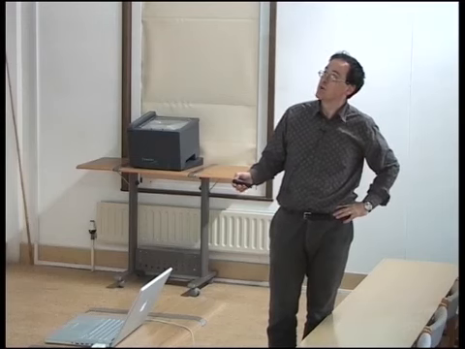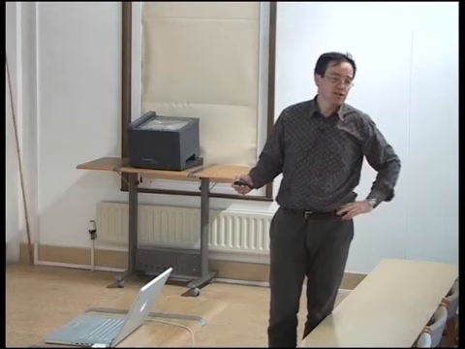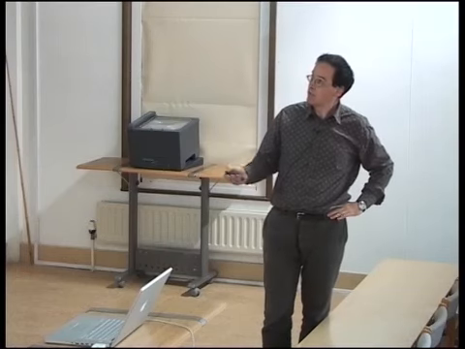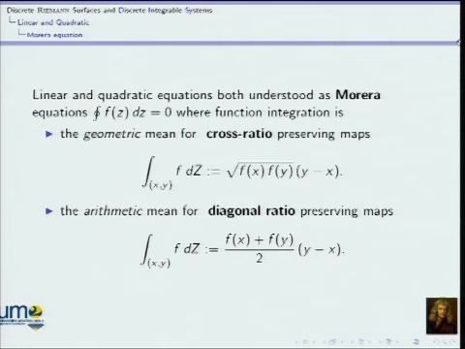That's the Morera equation. Well, actually, you can work out that the equation I gave on each quadrilateral leads you to the fact that these one forms are going to be closed.